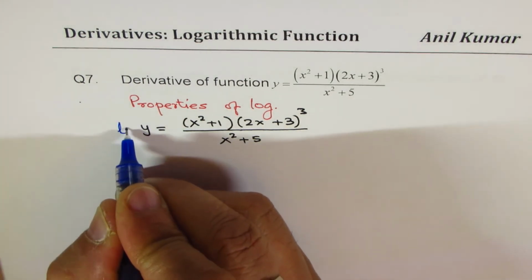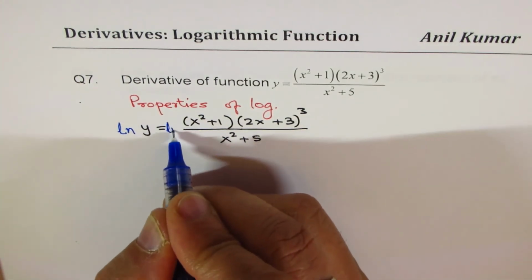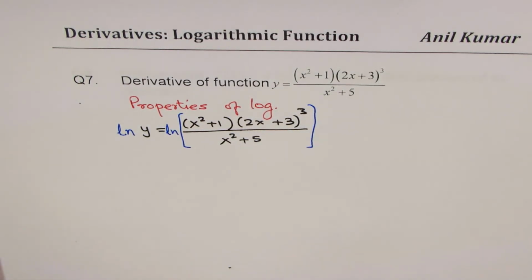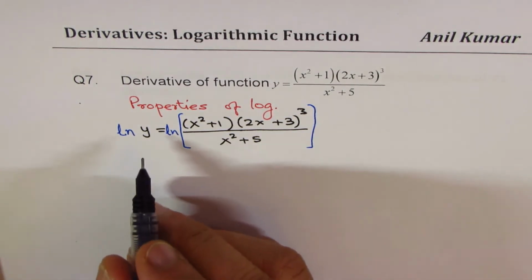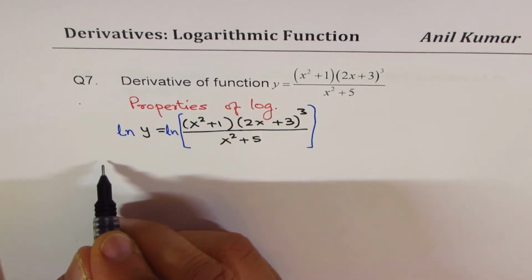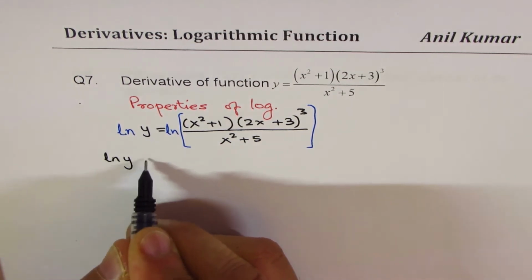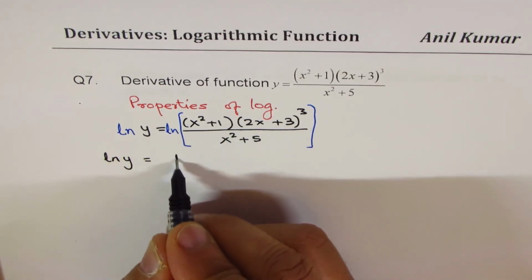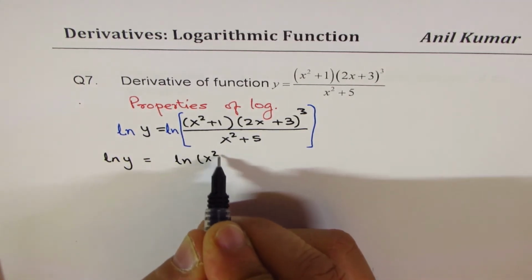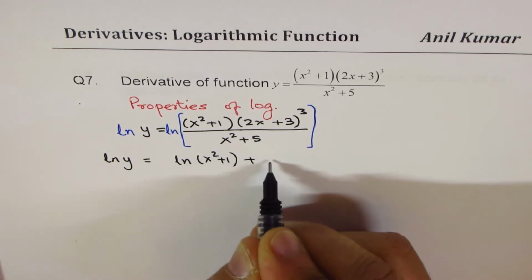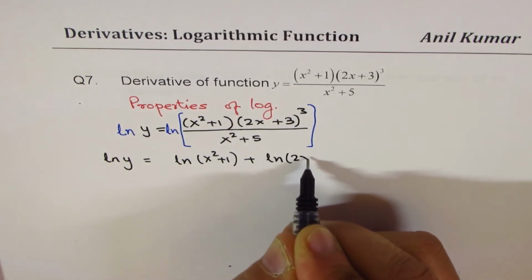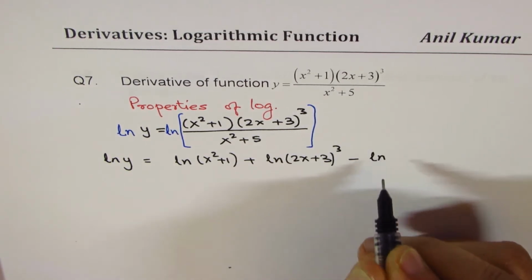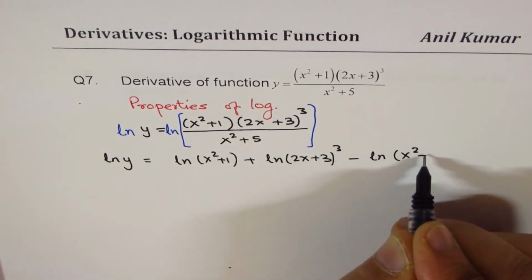That is to say, if I do ln y on this side and ln of this function on the right side. Using the properties of logarithms, we could now write this as ln y equals, now this is like a product, it could be written as ln(x squared plus 1) plus ln(2x plus 3) whole cube minus ln(x squared plus 5).